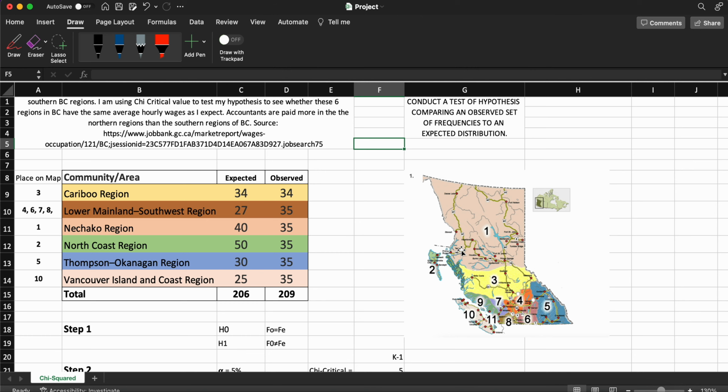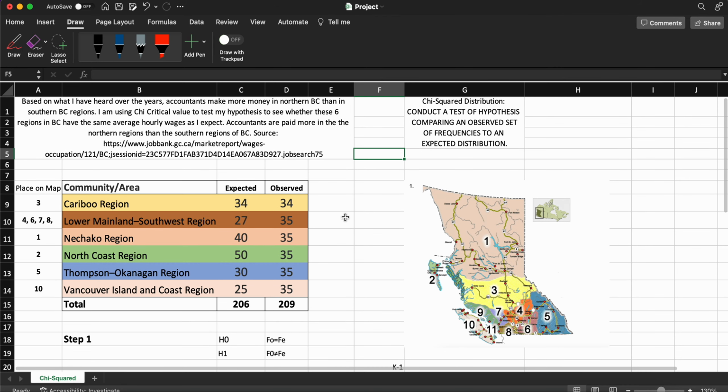Okay, so welcome to my chi-square distribution project. And tonight I'm going to be running through how to perform a chi-squared distribution test.